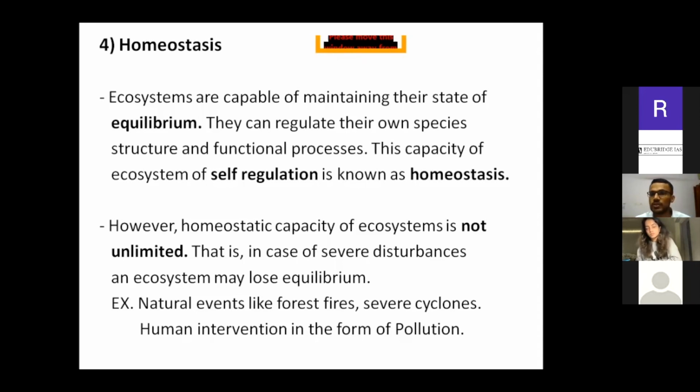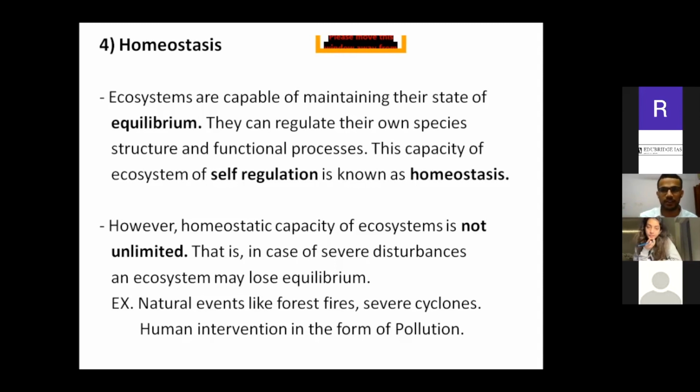For example, we use nature for tourism. Tourism is a recreational activity, so you can give tourism as an example. Even research that is carried out with the help of biotic or abiotic components in nature can also be a part of the cultural services that we receive.